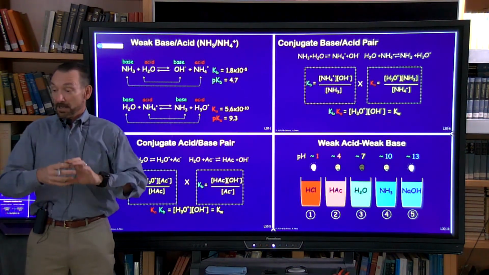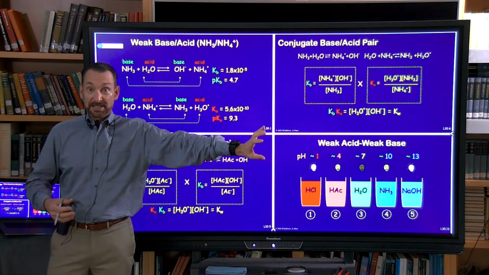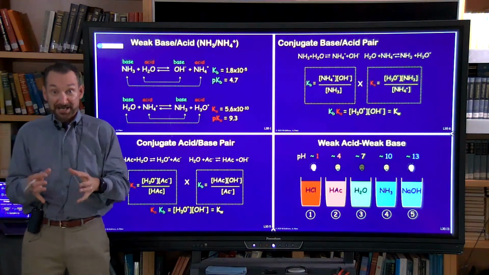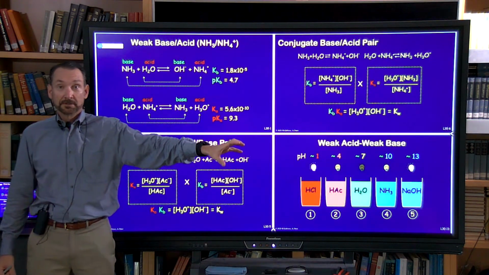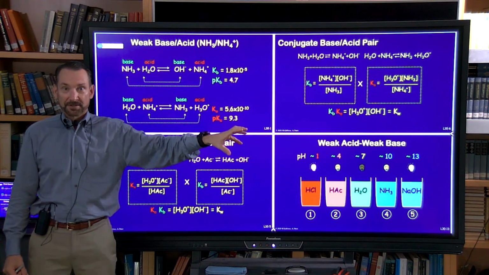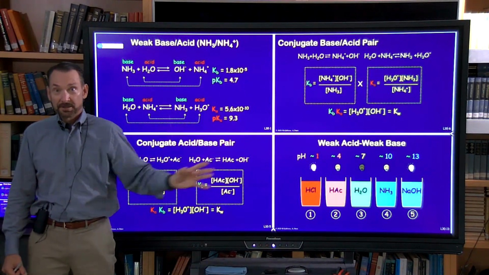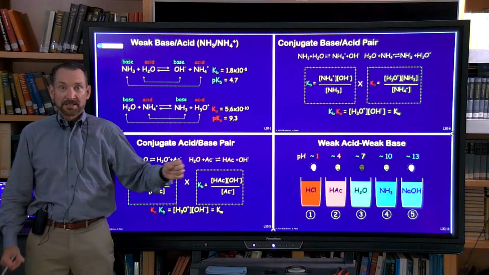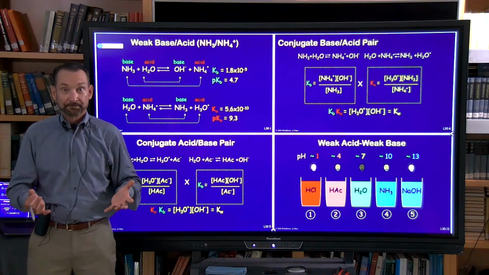The H plus ion, the proton, leaves the molecule, leaving behind a negative charge on the larger molecule. That proton resides on a water. It becomes an H3O plus. The concentration of the H3O plus in solution tells us the pH. It tells us the acid strength of the solution.